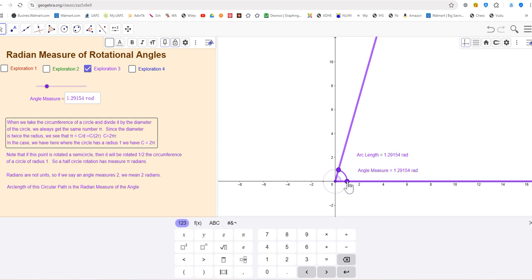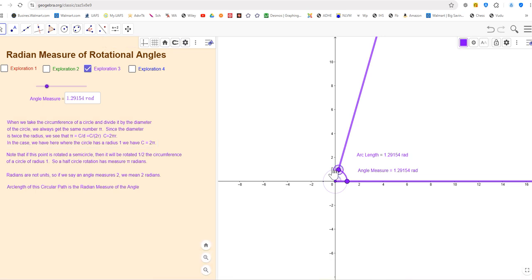Okay, so we see that a rotation going all the way around would be 2 pi. A rotation going pi would be halfway. Pi over 2 would be the right angle then.